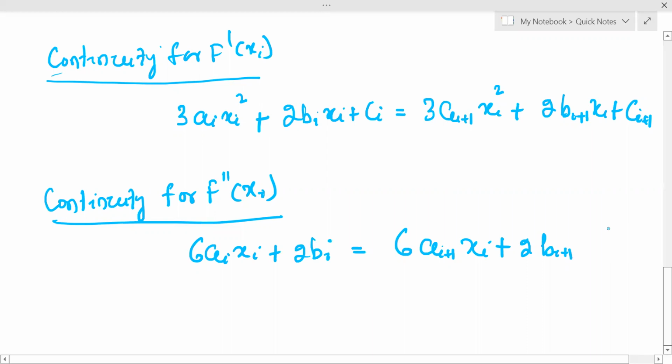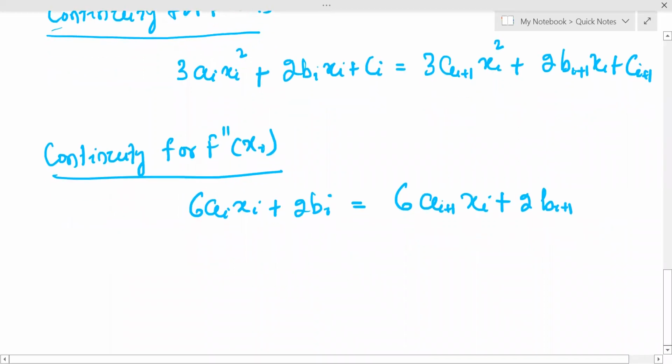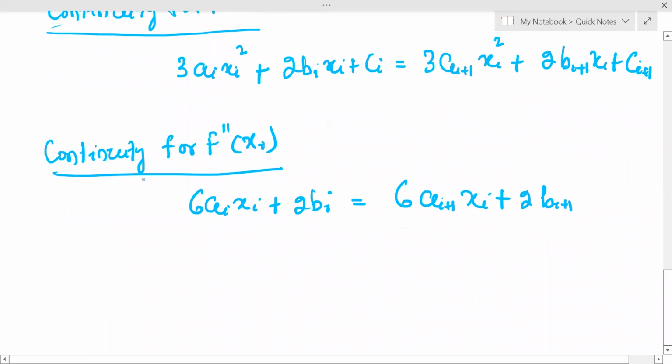At the end points x0 and xn, we have the interpolating conditions.